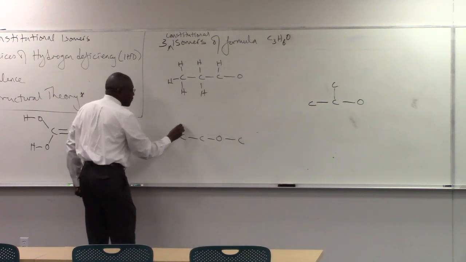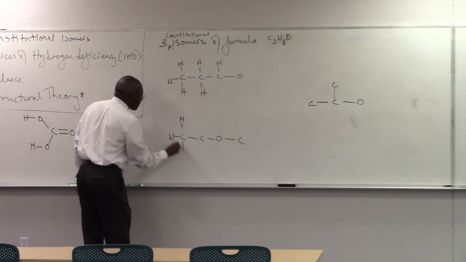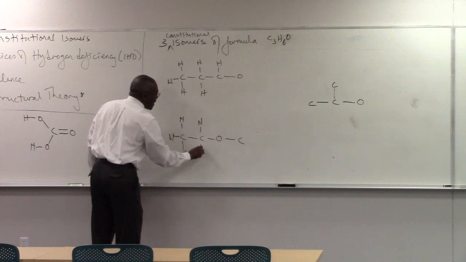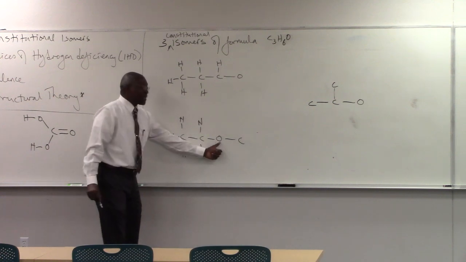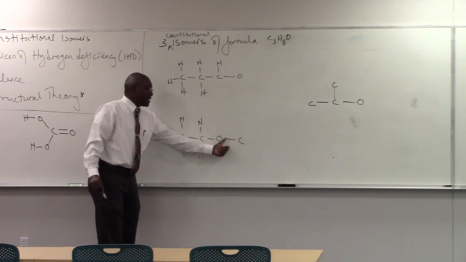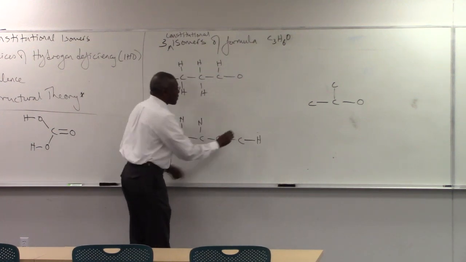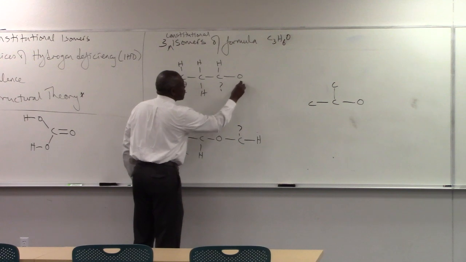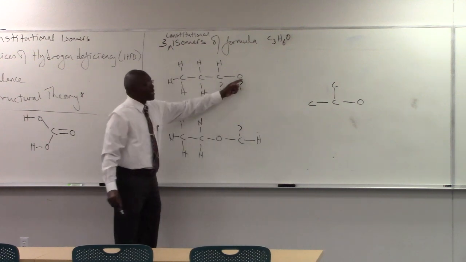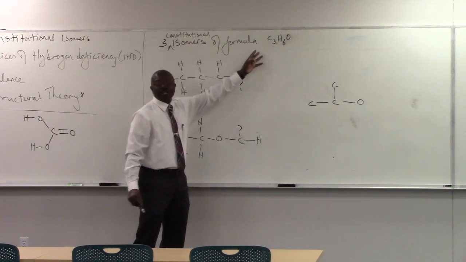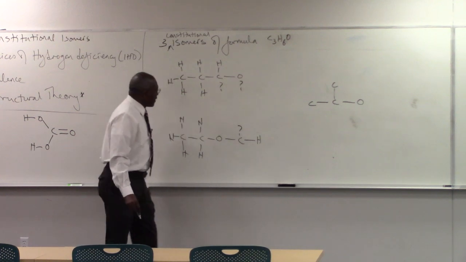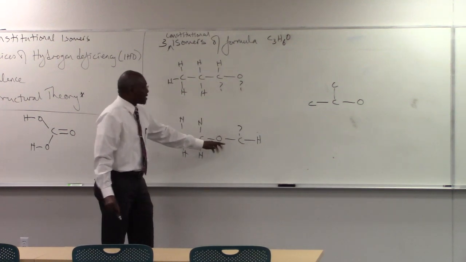If I try it here, 1, 2, 3, 4, 5, well, I'm not going to put an H on this O because the valence is satisfied for the O. But now if I put an H here, we've got a problem, right? Because there's something wrong with this carbon and that O. There are not enough H's in the formula.